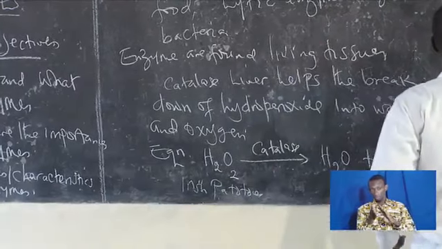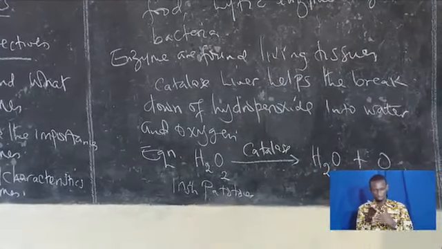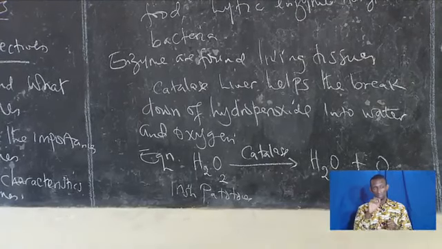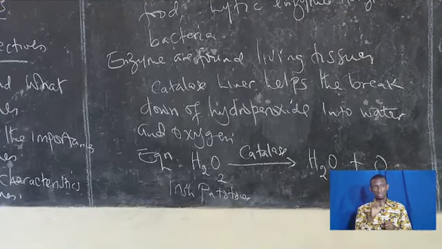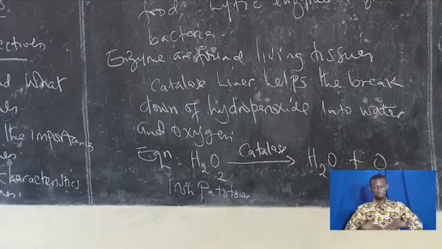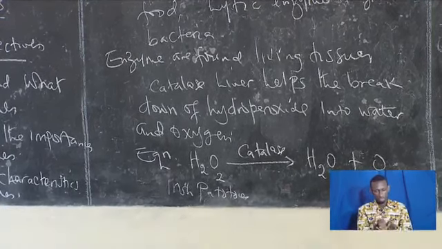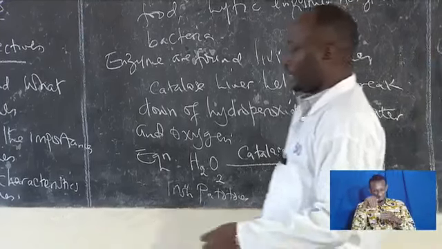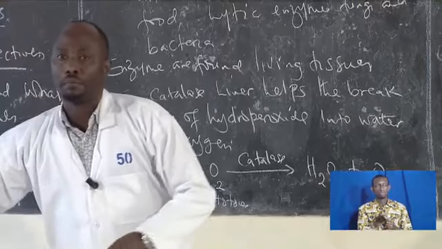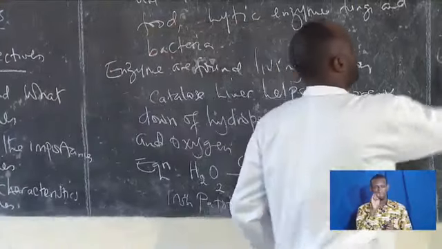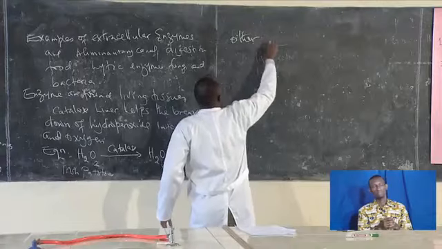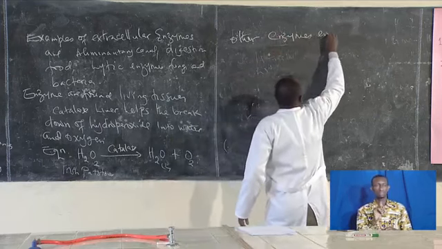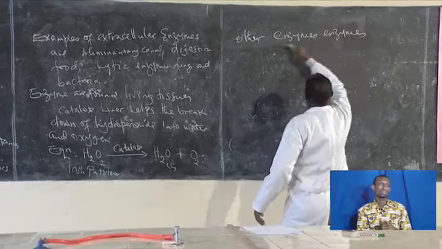Quickly, let's talk about other types of enzymes that are found in our body, and they perform the function of breaking down food into simple particles to be absorbed into the body, and they are normally named according to the food they act upon. Other enzymes that we are going to mention.